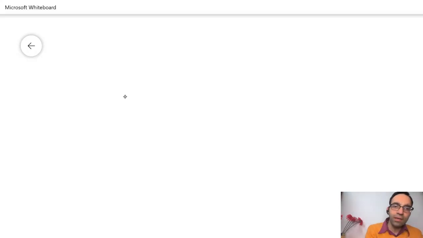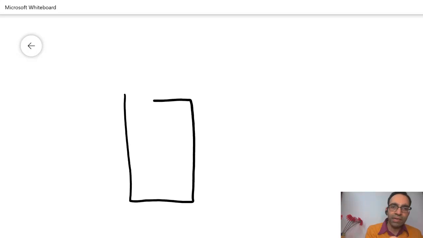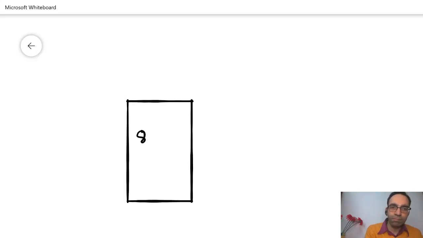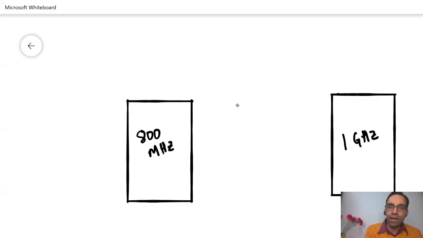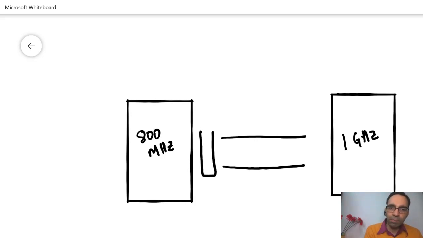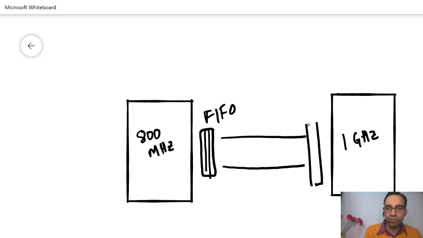What we are saying is, let us say there is one system which is operating at 800 megahertz, and there is another system which is operating at, let us say, 1 gigahertz. And there is a bus that connects them. At the interface of the bus, you will use what we call a FIFO. And on the other side also you will have a FIFO, because those two are asynchronous domains.